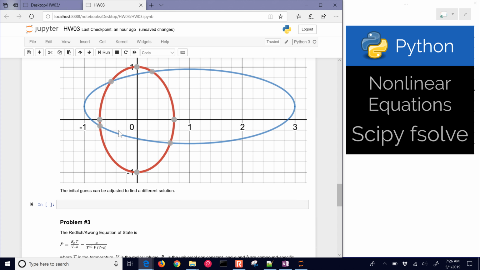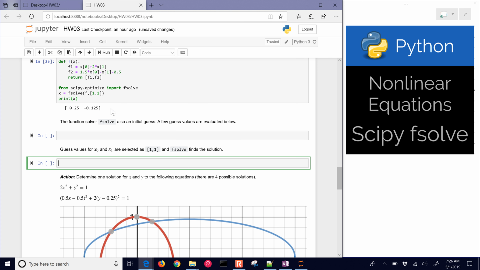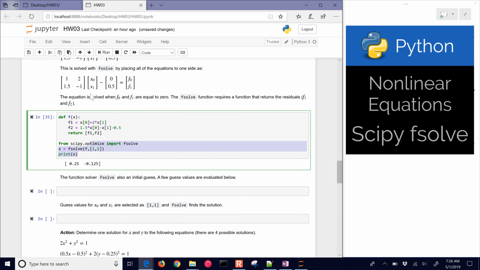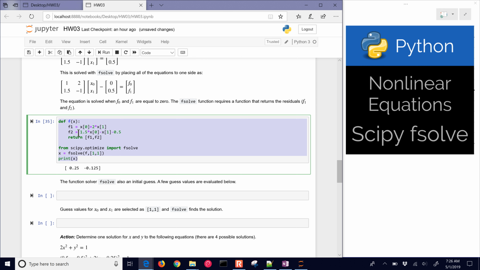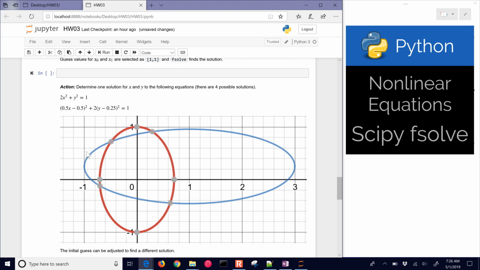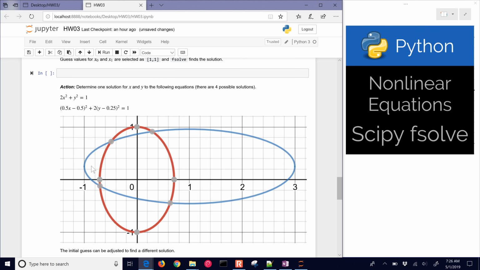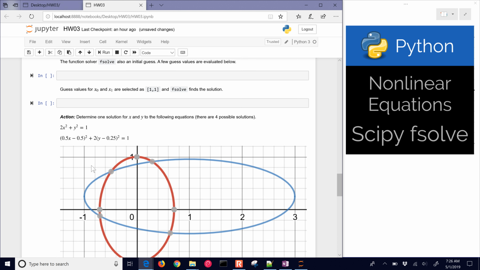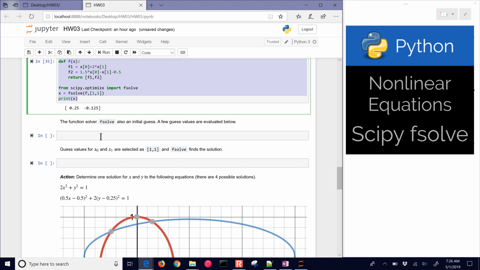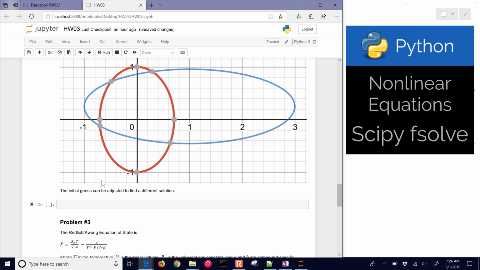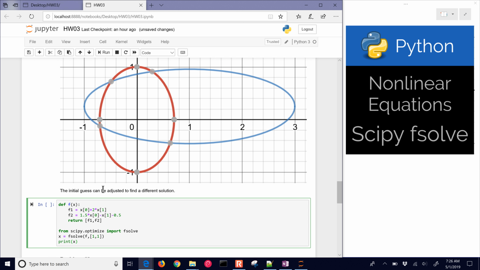Okay, so let's set up and solve this just like we did before. I'm just going to copy this one, define my new function, and then solve it. I'll do it all in this box right here.